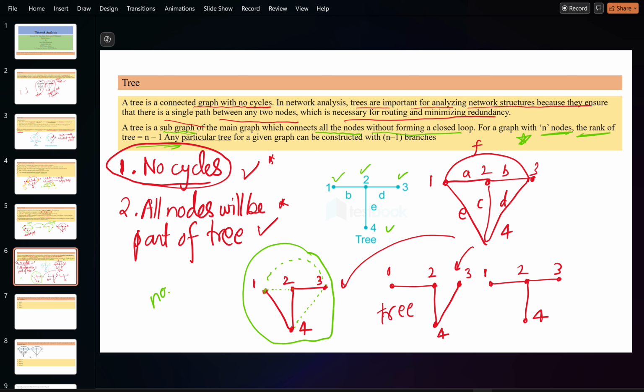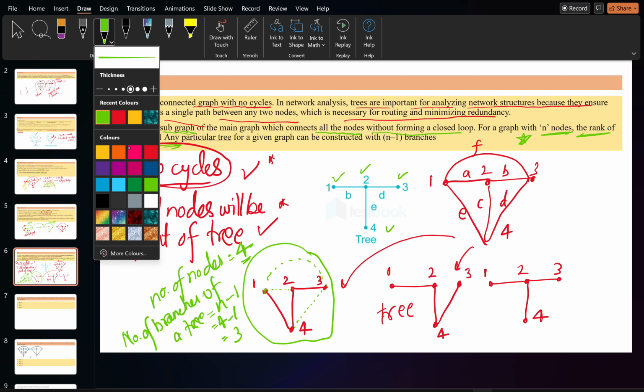So the number of nodes is four. It says you can form a tree with rank n minus 1. It means the number of branches of a tree will be n minus 1. N is 4, 4 minus 1 equals 3. So in each tree, if you see, how many branches are there.